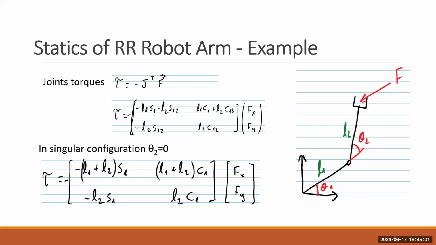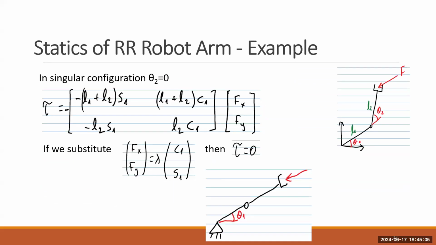This means that if we substitute Fx and Fy, a force in the direction of the robot, lambda cosine θ1 sine θ1, so it is in the direction of the robot.